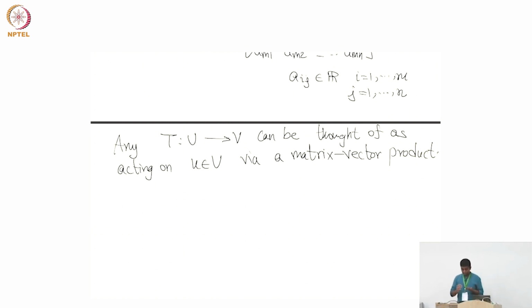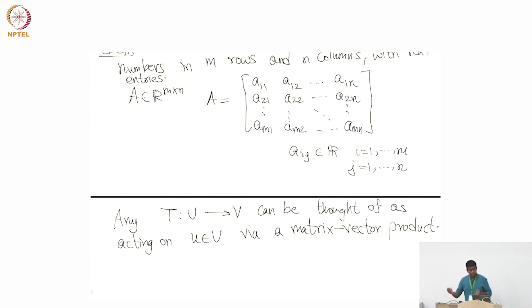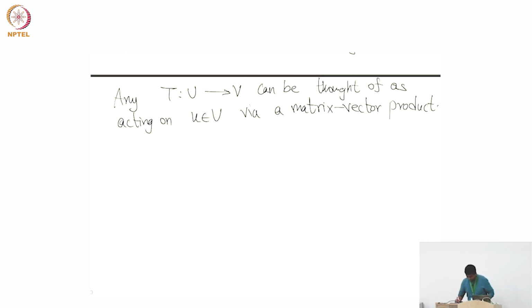So you have matrices, and matrices can multiply with themselves and can multiply vectors to produce other vectors and so on. So here is a fancy way of representing this.